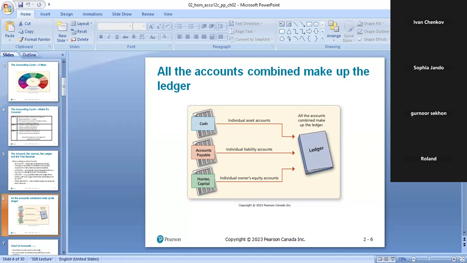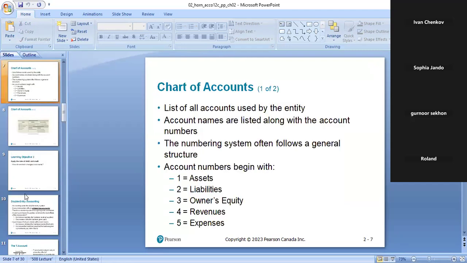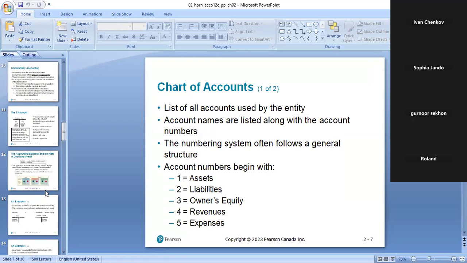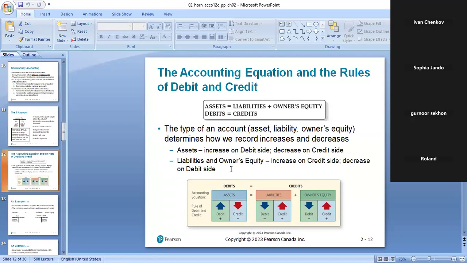The other thing I want you to understand is that when we have those accounts, we're going to organize them again. First is always asset. Second is liability. Third is owner's equity. Fourth is revenue, and five, six, seven, eight are expenses. We organize it in the form of debits and credits, based on the accounting equation: assets equal liability plus owner's equity.